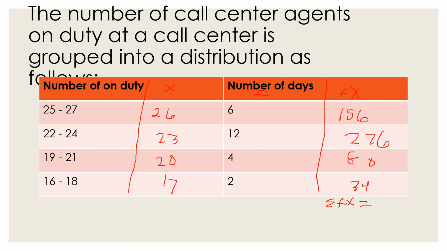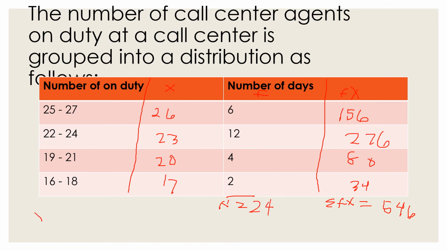So we get 34 plus 80 plus 276 plus 156. We have 546. If we get the total number of call center agents on duty, 6 plus 12 is 18, plus 4 is 22, plus 2 is 24. So n is 24.